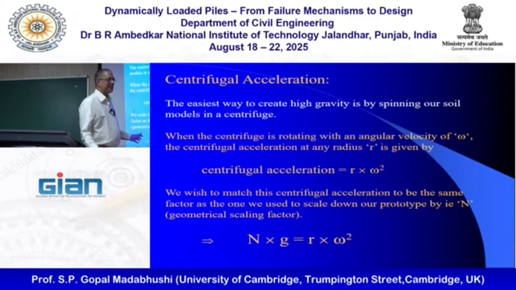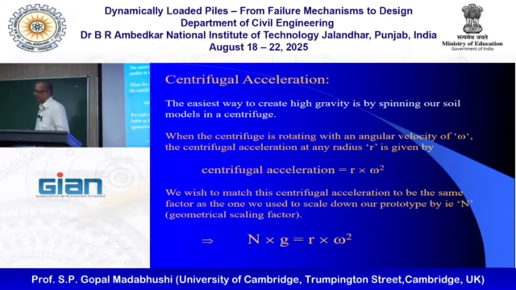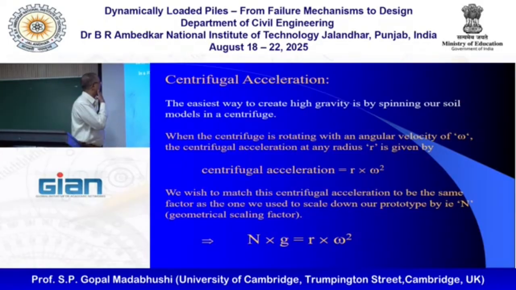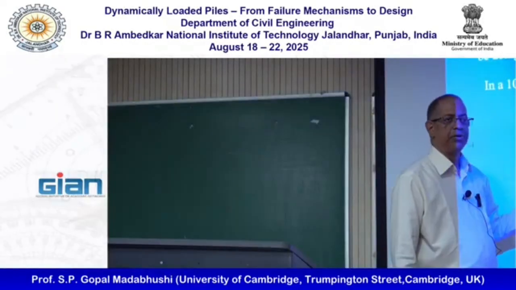For example, there is a centrifuge. I'll show the picture, in IIT Bombay, which we helped build. Say you want to do a test at 100 times the Earth's gravity. So the left-hand side will be 100 times g. The radius of the centrifuge in Bombay is 4.25 meters, and the omega I can work out.